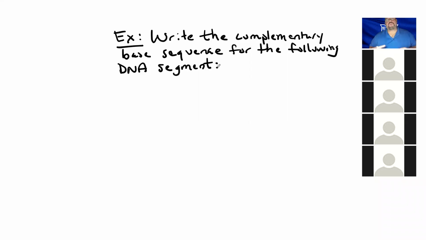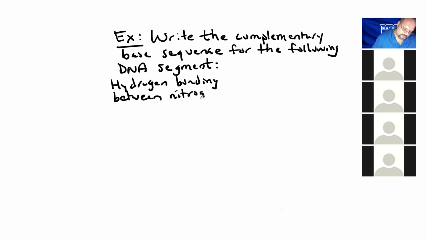What holds the two strands together in the double helix is hydrogen bonding between nitrogenous bases. And one of the key points is that the hydrogen bonding between nitrogenous bases is very specific.